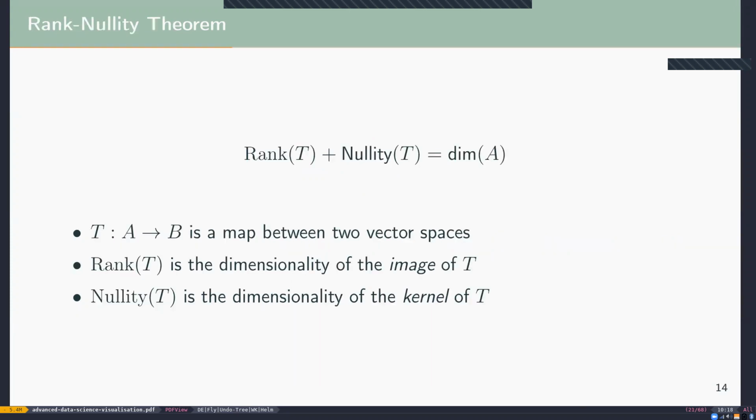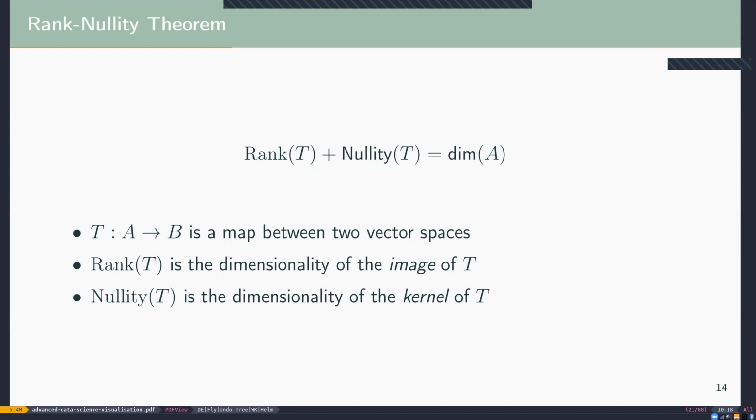So then the theorem that we're going to use to do dimensionality reduction is this. It's something called the rank nullity theorem. So if I have two vector spaces, A and B, I have a map from A to B. This says the dimensionality of the space A, so this is the dimensionality of the representation, is equal to the rank of the map, that is the image.